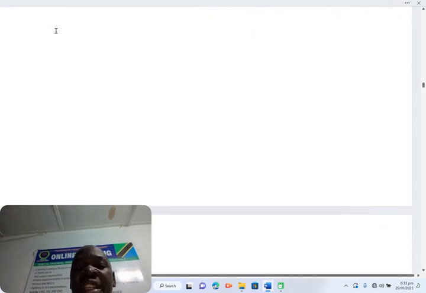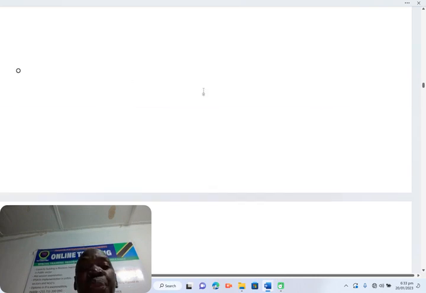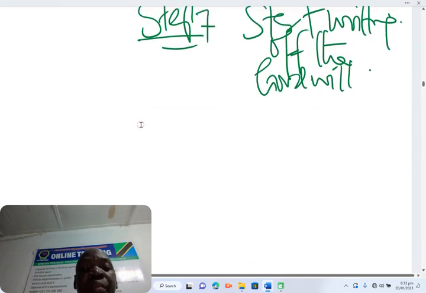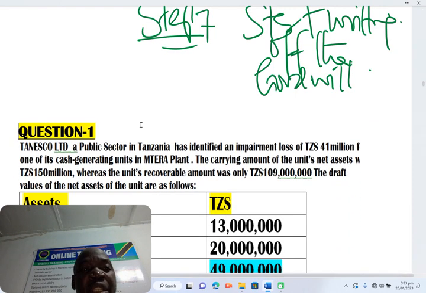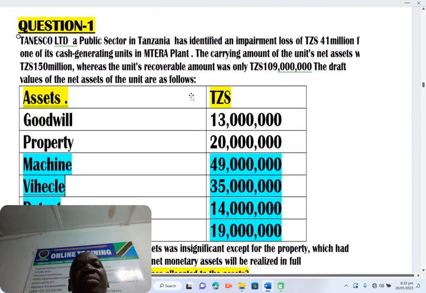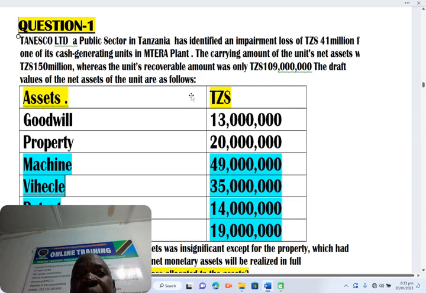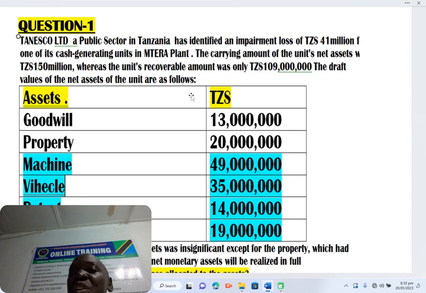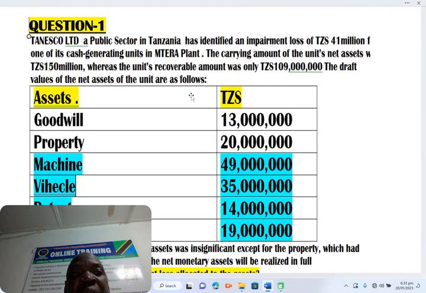Now, the word pro rata, in the other cases, it's now time to make computations on this CGU. And I want you to understand these figures. So let us see this example. TANESCO, a public sector entity in Tanzania, has identified an impairment loss of 41 million from one of its cash generating units in the Mtera plant.